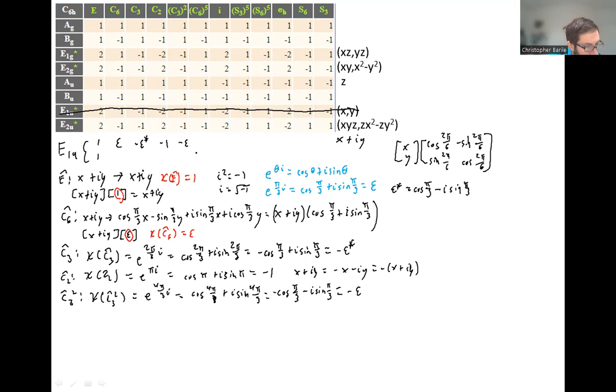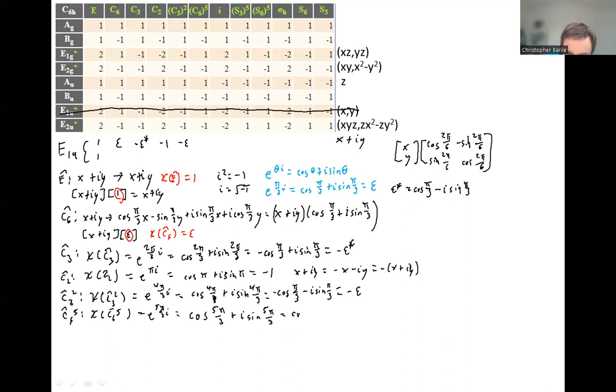And we just keep marching across in this way. Our next one is C6 h. The character of that is going to be e to the 5 pi over 3 i, which is equal to cosine 5 pi over 3 plus i sine 5 pi over 3. Cosine 5 pi over 3, now we're at 300 degrees.